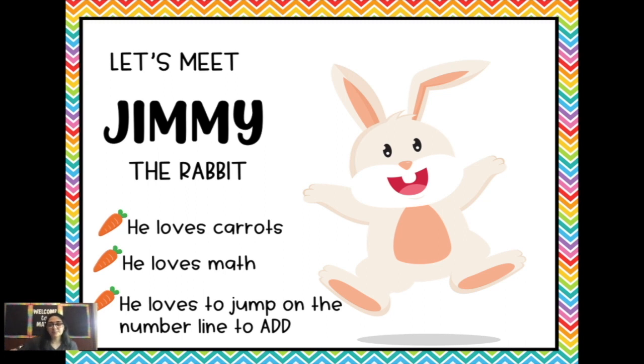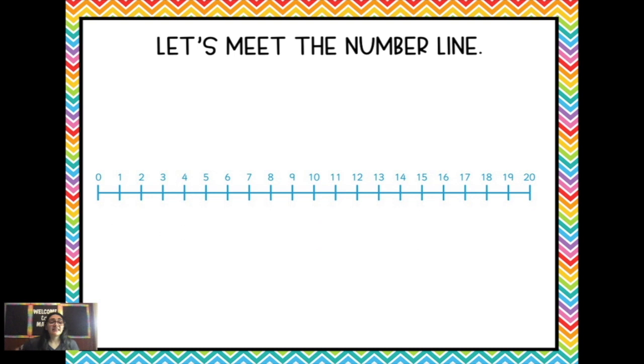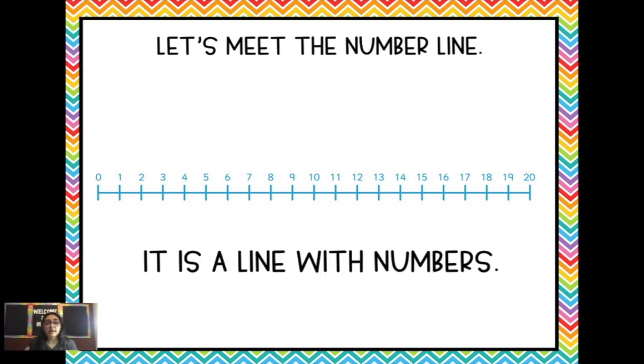So let's start. The first thing is that we are going to learn about the number line. What do you think the number line is? Listen carefully. Number line. What do you think it is? Excellent. This one is a number line. Really simple. It's a line with numbers, okay?